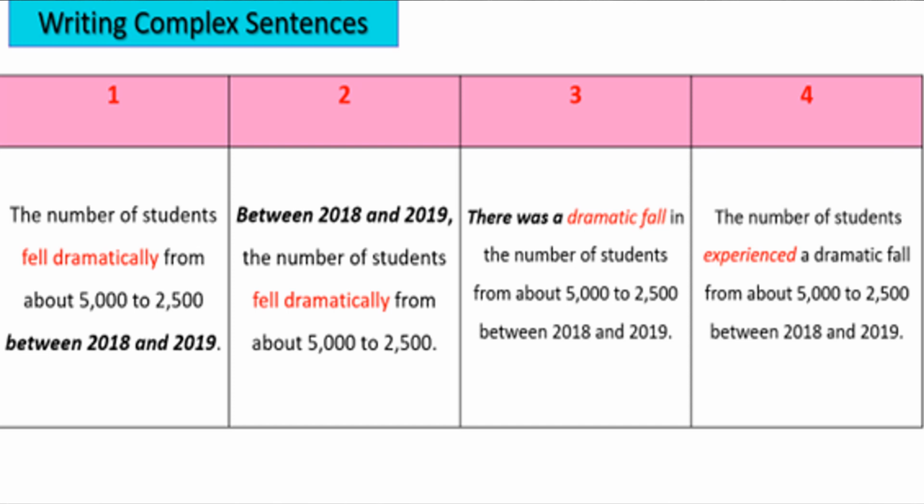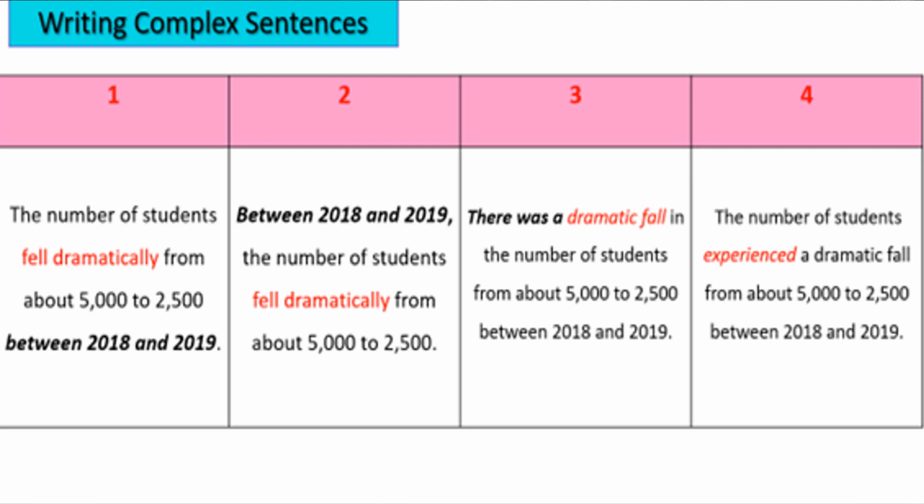Now when you look at the third sentence, you start with there was a. You will not write any subject, you just start with there was a, and you will use the degree of change first, followed by the noun. Whereas in these two sentences, you were using the verb first followed by the degree of change.